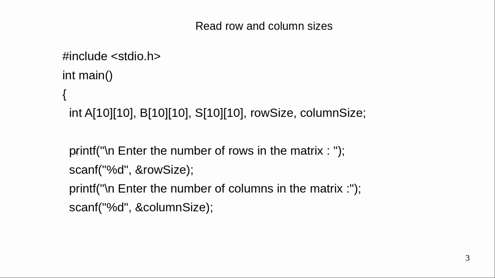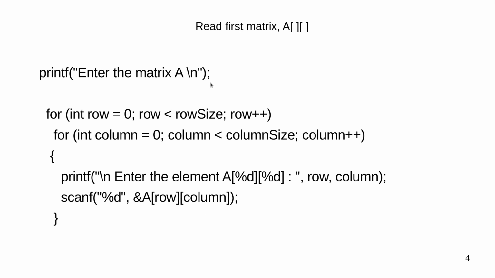And in these printf and scanf statements, what we are doing is entering the number of rows in the matrix from the user, and we are storing the number of rows in a variable called row size. And the number of columns in the matrix is entered into a variable called column size. Okay, so with the row size and column size, we can first read matrix A. So we give the prompt to enter the first matrix, and what do we do there?